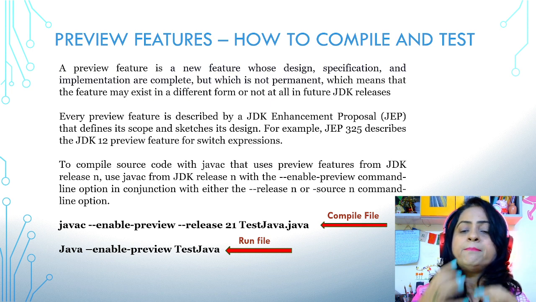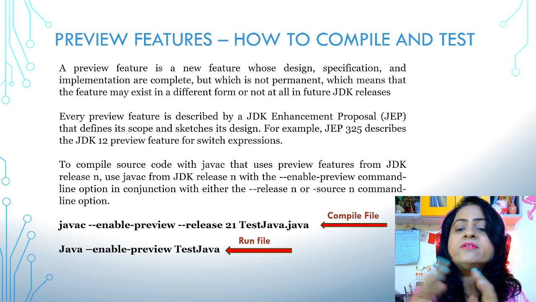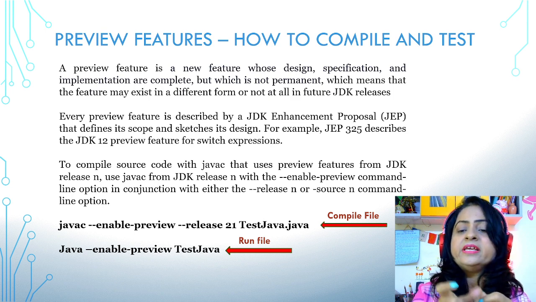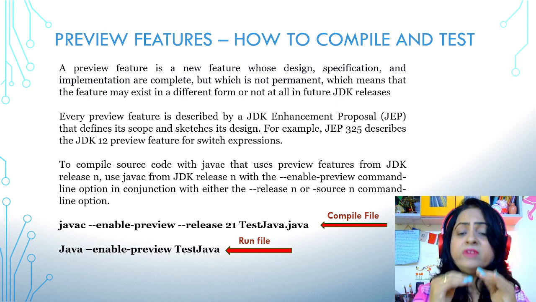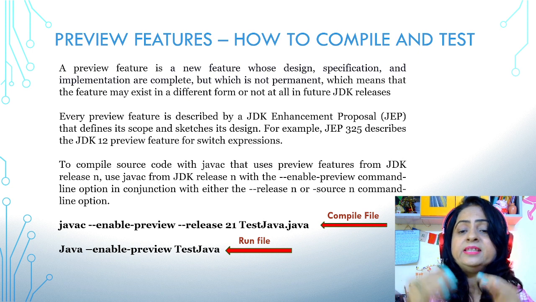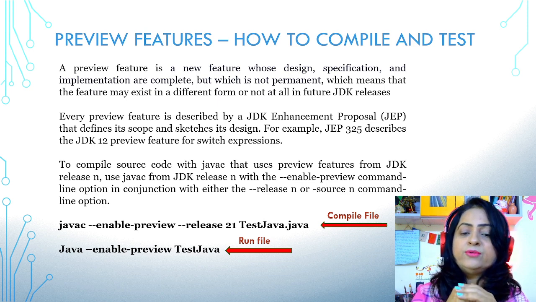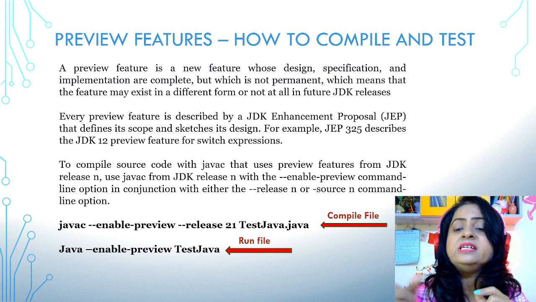Now, how do we compile and run these preview features? For compiling, we have to pass two command line arguments. One is enable preview. Why enable preview? We have to tell the JVM that this class can contain preview features, so compile it as well. Then we have to pass the release name.